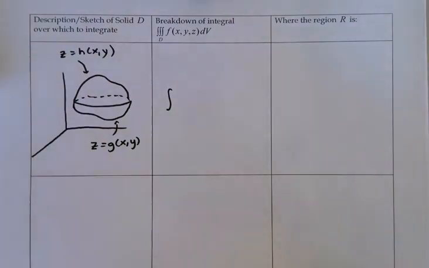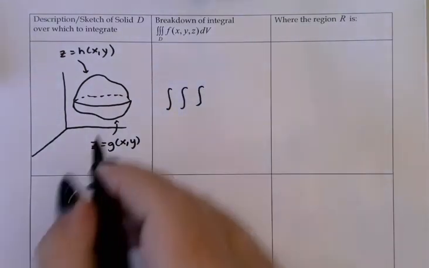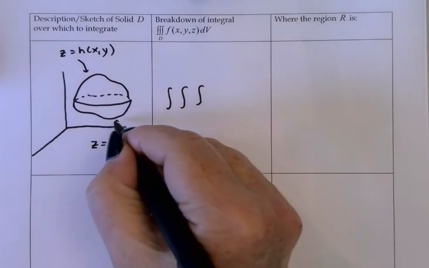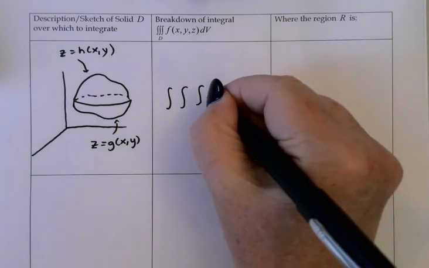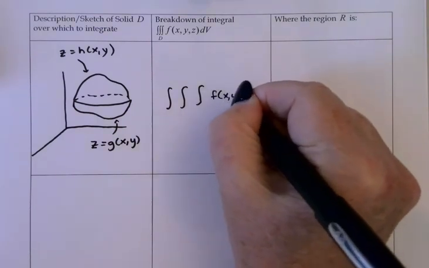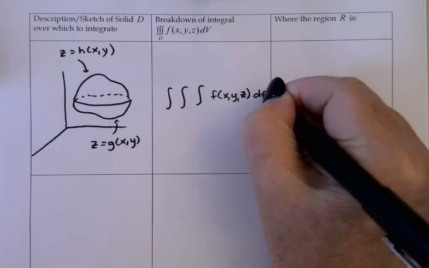When I go to set up my integral, I'm going to start by saying let's integrate from the lower z value to the upper z value. So whatever my function is, f of x, y, and z, I'm going to start with dz.